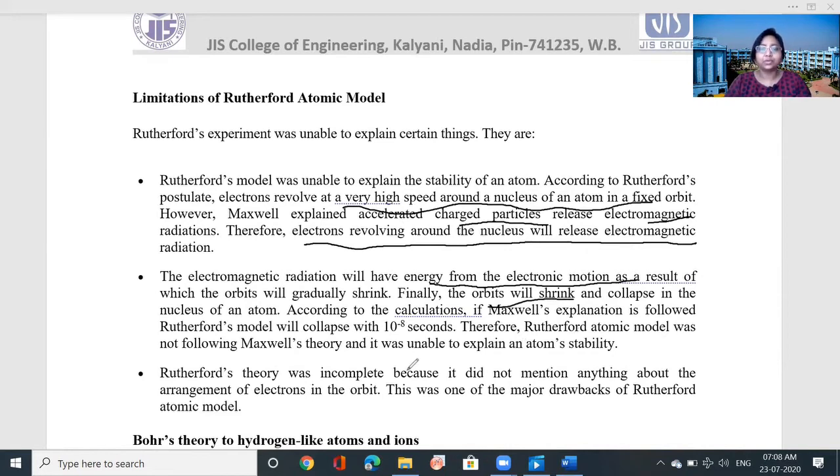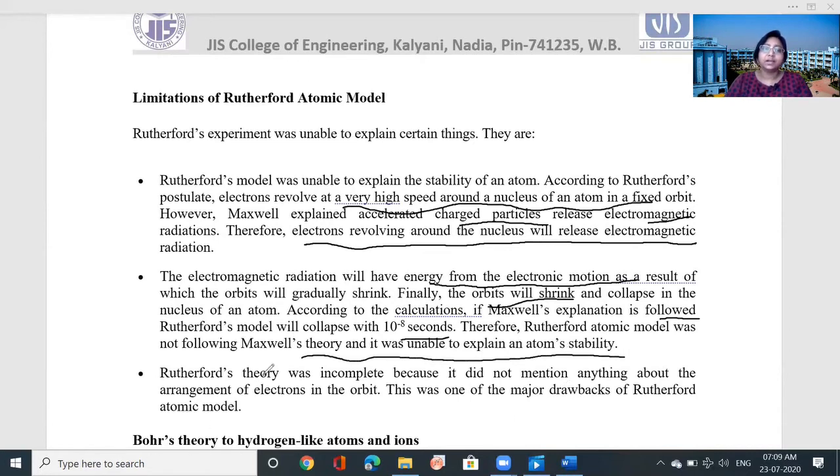According to the calculation, if Maxwell's explanation is followed, Rutherford's model will collapse within 10 to the power minus 8 seconds. So, therefore, the Rutherford atomic model was not following Maxwell's theory and it was unable to explain an atom's stability.